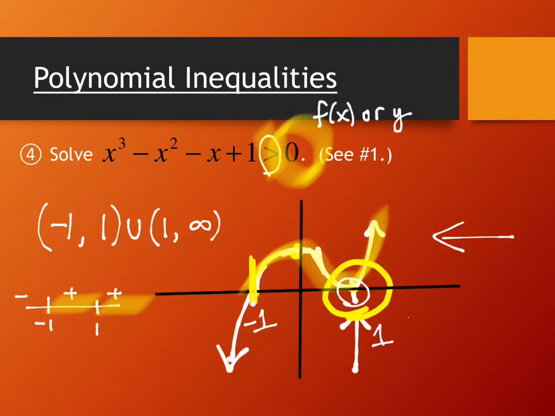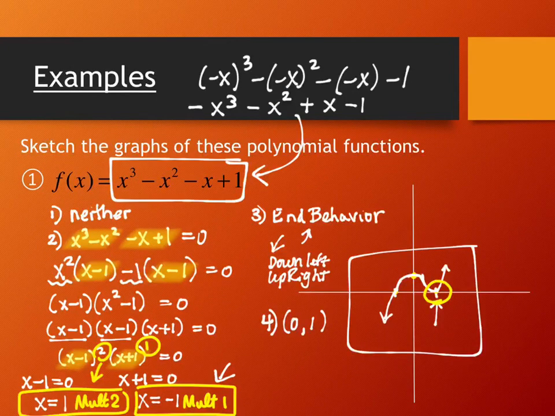So generally speaking, if you were given this problem from the get-go, it wouldn't be already solved for you, right? Like we did on problem number 1. What would you have to do? Well, you'd have to do the same things we did on problem number 1. You'd have to factor it, set things equal to 0.